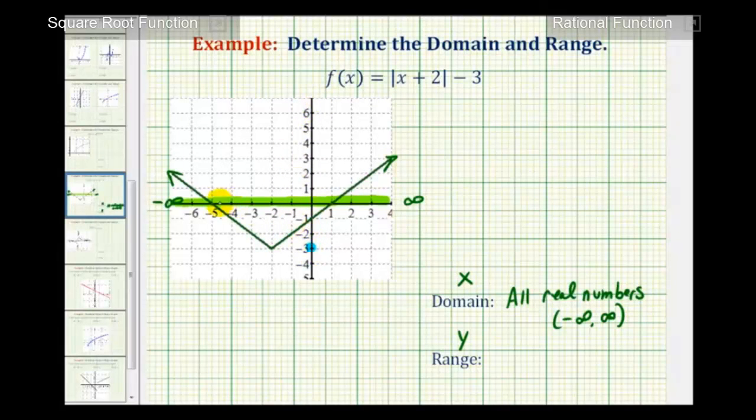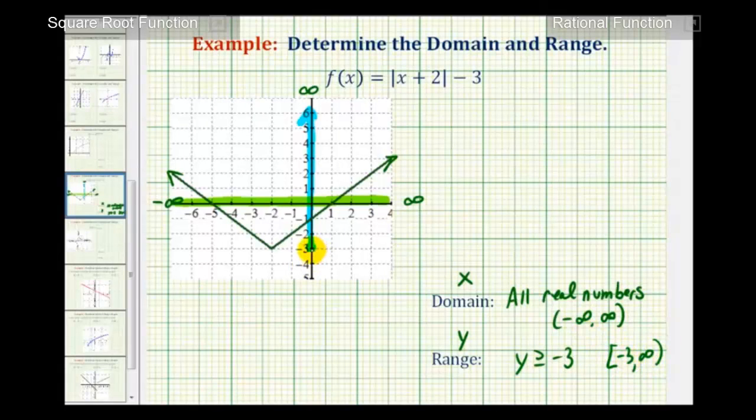So if we projected this graph onto the y-axis, it would actually approach positive infinity along the y-axis, which means the range would be from -3 to positive infinity, and it does include -3, so we can say the range is greater than or equal to -3. Or using interval notation, it would be the interval from -3 to infinity, and it's closed on -3 because it does include -3.